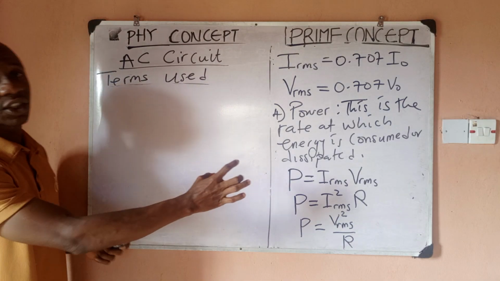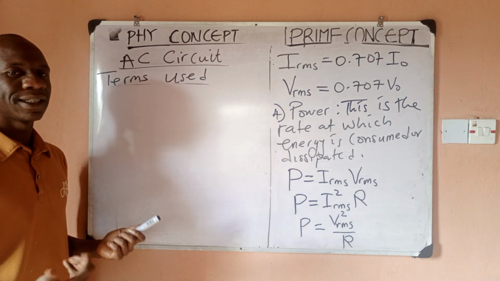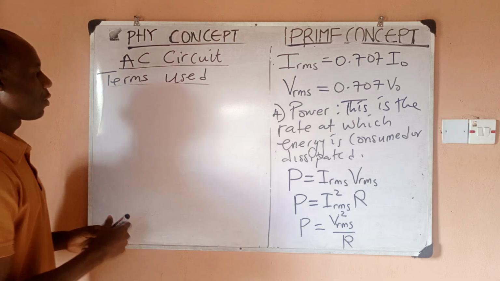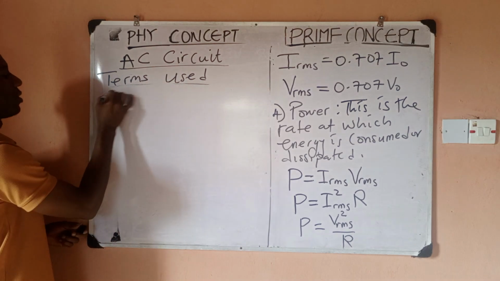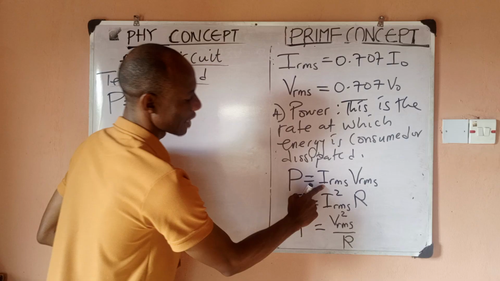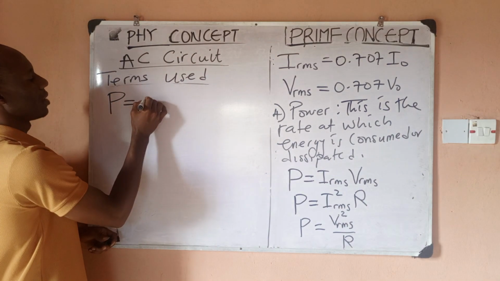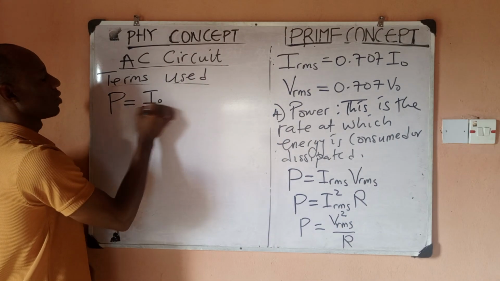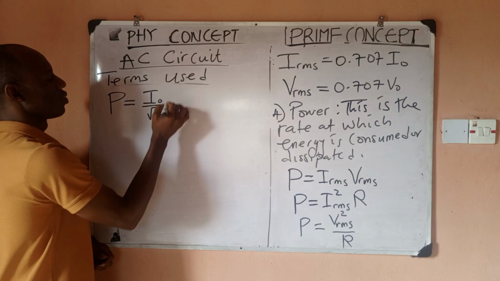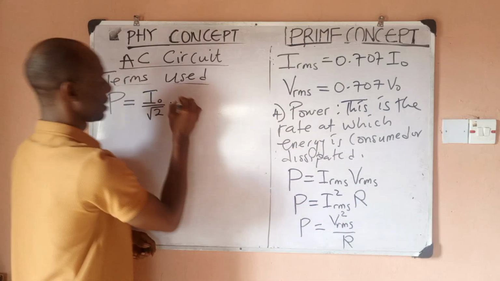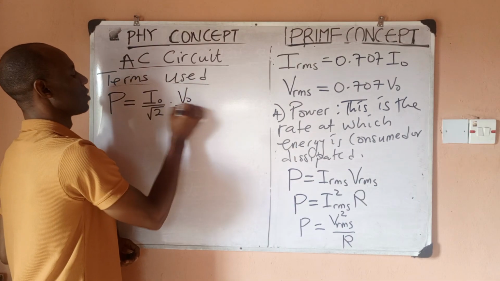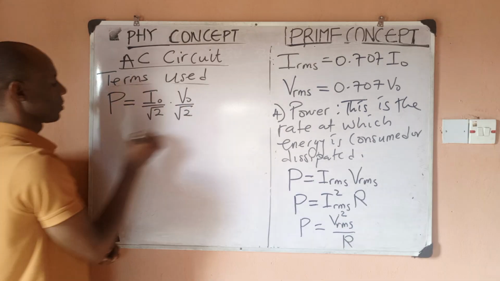Now, these same relationships we have gotten, we can write them for peak values. Now, say I want to write them in terms of peak values. So I would have, what is IRMS? IRMS is actually peak current over root 2, times VRMS, which is what? Peak voltage over root 2.